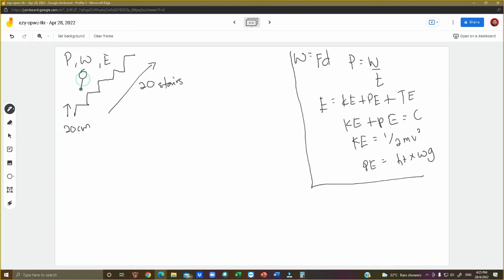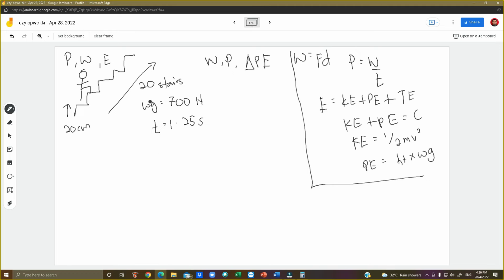If we have a person climbing up the stairs, the weight of this person is 700 Newton, and he does this work in 1.25 seconds. Please find out how much work is being done, how much power is being generated, and finally the change in this human's potential energy.